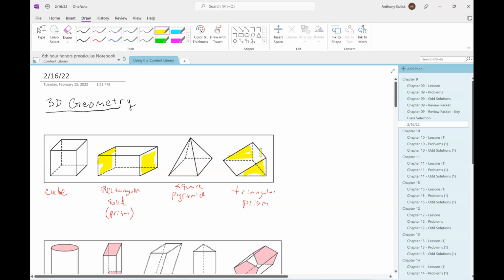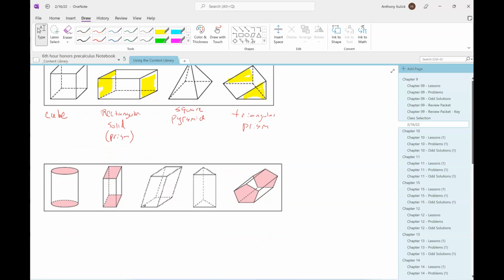All the other faces on the figure are rectangular, though. That's a trademark of prisms as well. Aside from the bases of the figure, all the other faces are rectangular in shape. Okay. Move on. We'll take a look at some more of these.